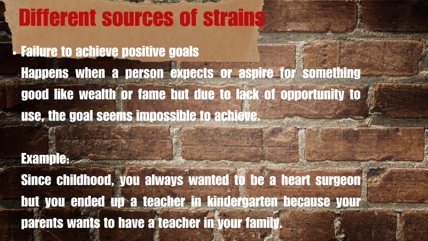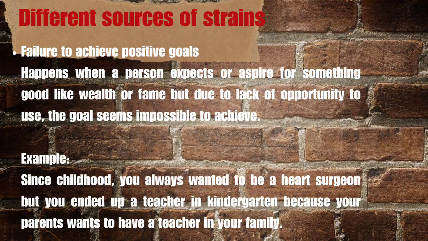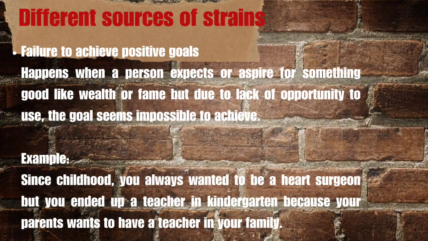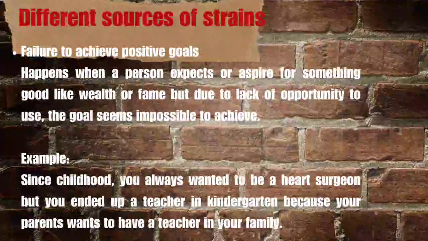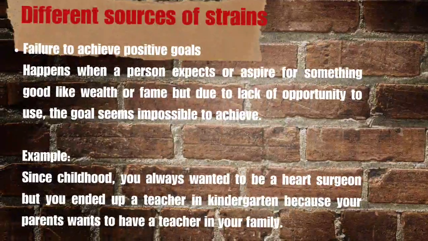Since childhood, you always wanted to be a heart surgeon, but you ended up a kindergarten teacher because your parents wanted to have a teacher in your family. For a simple explanation, source of strain number 1 simply means that you have the goal to achieve but you don't have the means to do it. You consider some factors and circumstances to do your goal but you fail to achieve it.